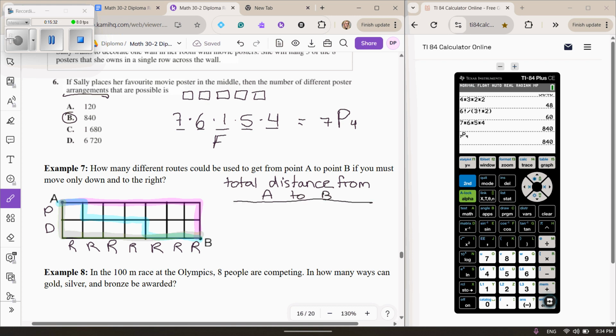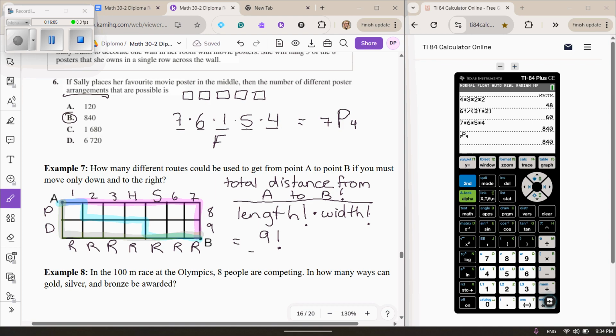And then you're going to divide it by the length as a factorial and multiply that by the width as a factorial. Okay, so the total distance from A to B, 1, 2, 3, 4, 5, 6, 7, 8, 9. Oops, I forgot the factorial above.